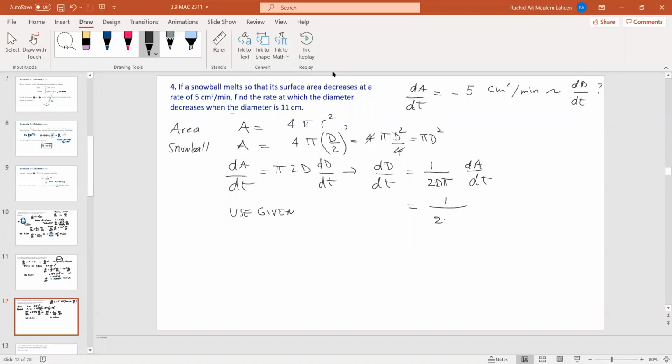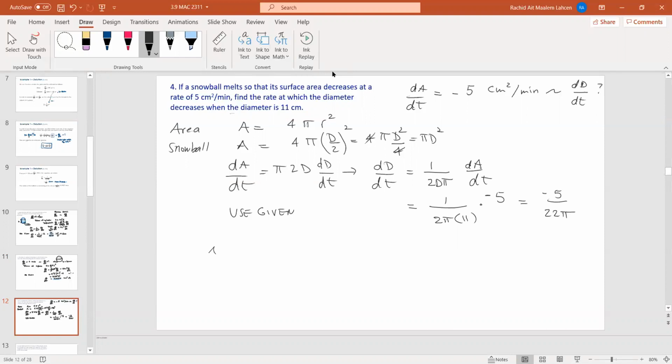It's 1 over 2 pi times 11 centimeters, and the given rate is negative 5, so the result is negative 5 over 22 pi.